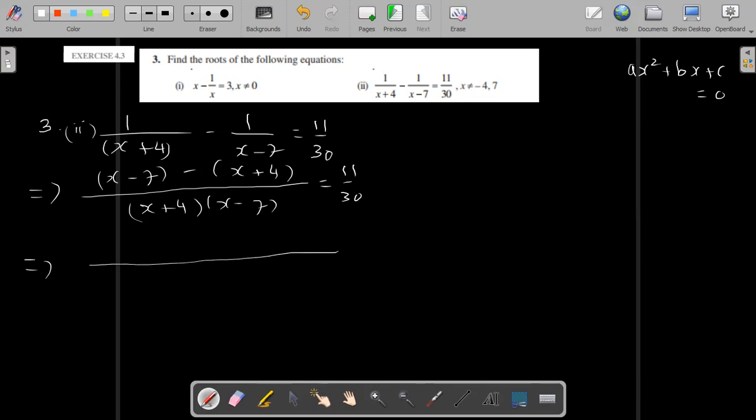Denominator write as it is, x plus 4 and x minus 7 is equal to 11 by 30. x minus 7 minus x minus 4. So this minus plus cancel, we get minus 7 minus 4, minus 11.